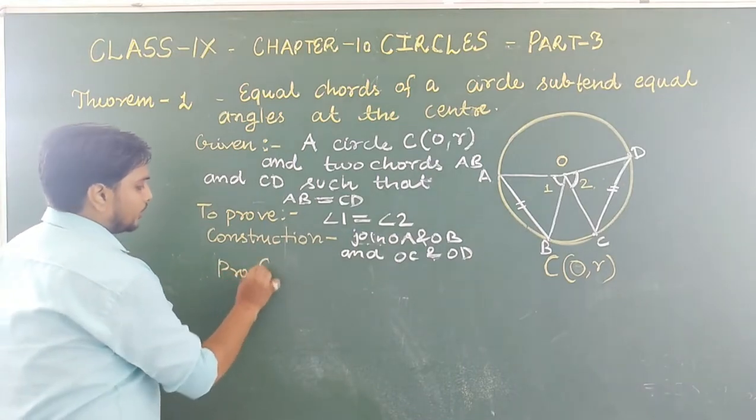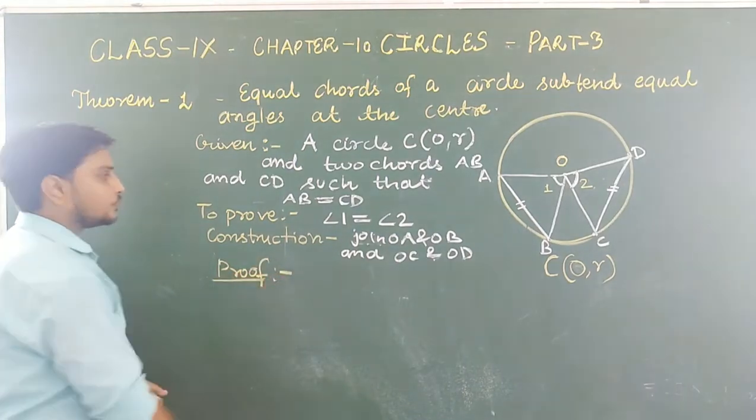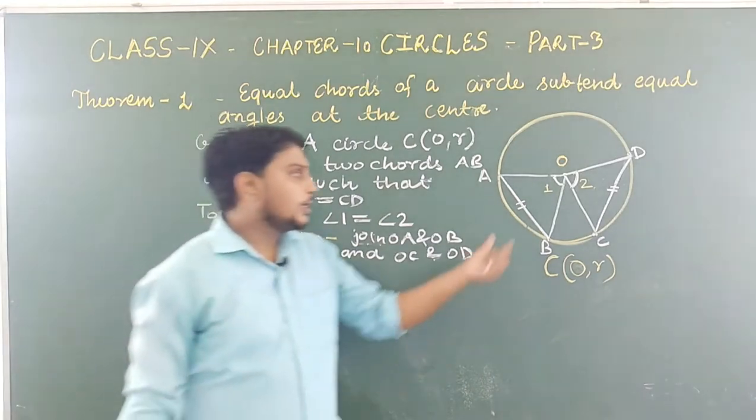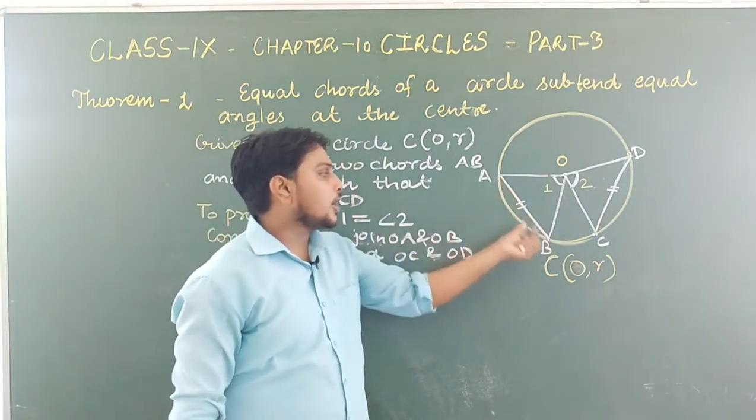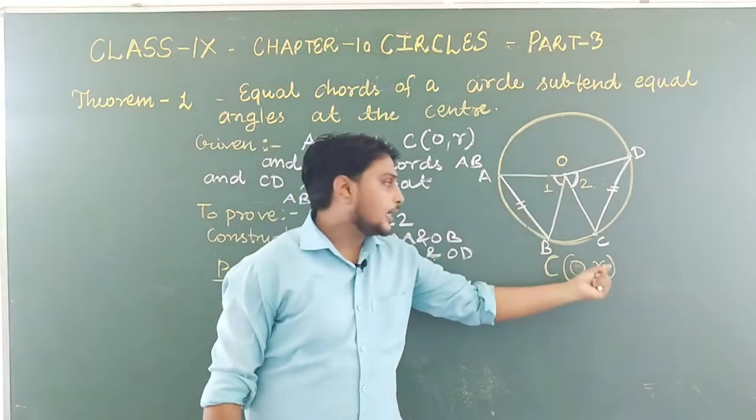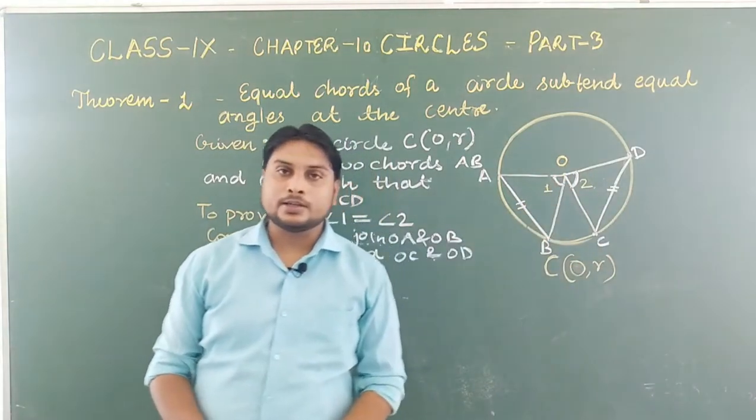How will we prove it? Let us see. Students, here you can see two triangles. The first one is triangle ABO and the second one is triangle COD.